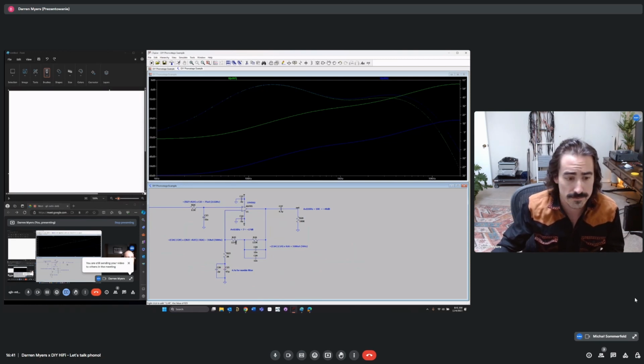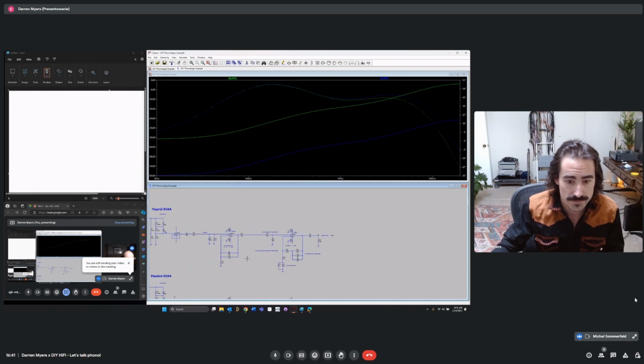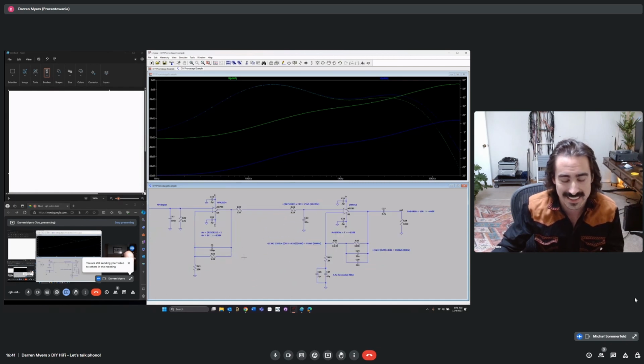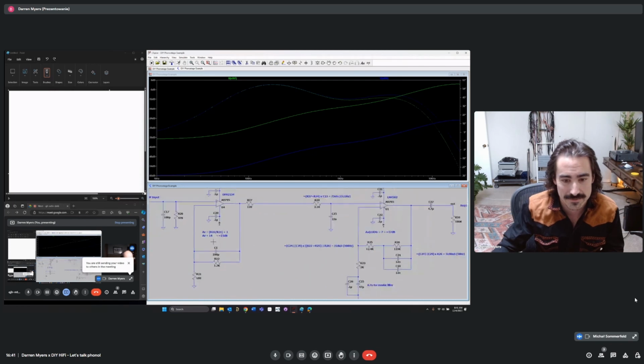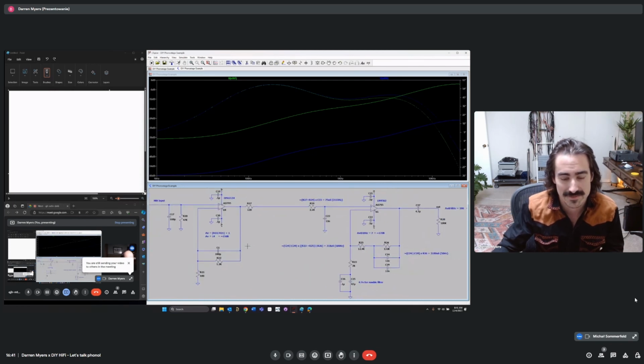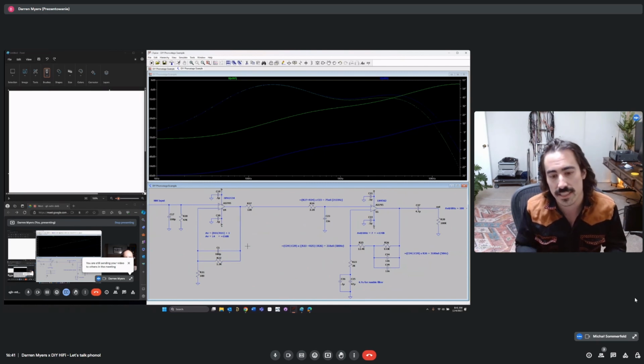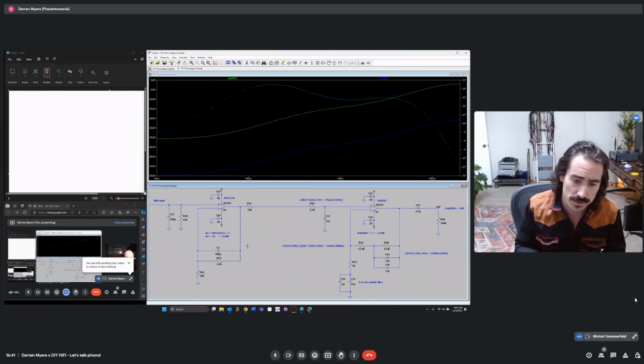Excuse me. If we can go back to the first stage, because I know that will confuse some people. Yes, C1 is only to create a low pass filter for RF rejection. That's a great question. C1 is what's called a lag capacitor. It is meant for multiple things.